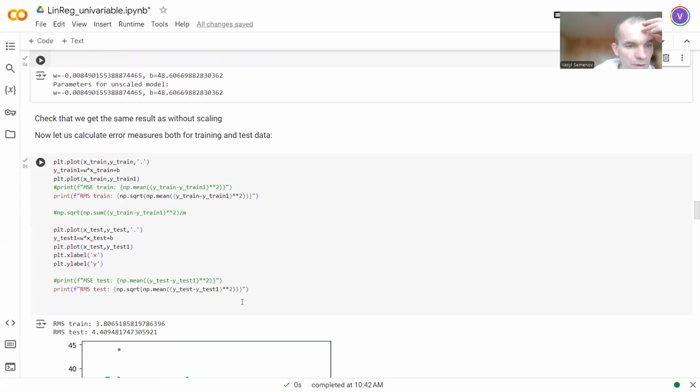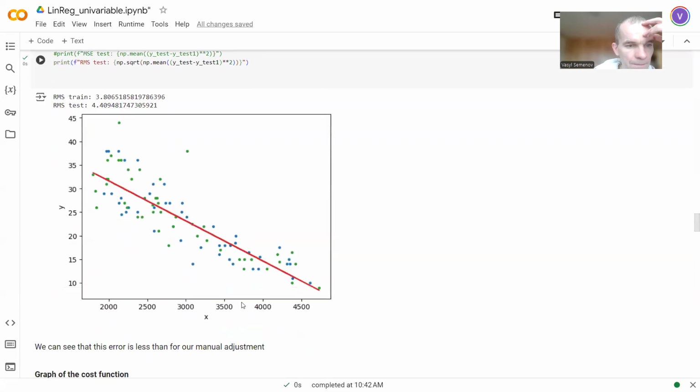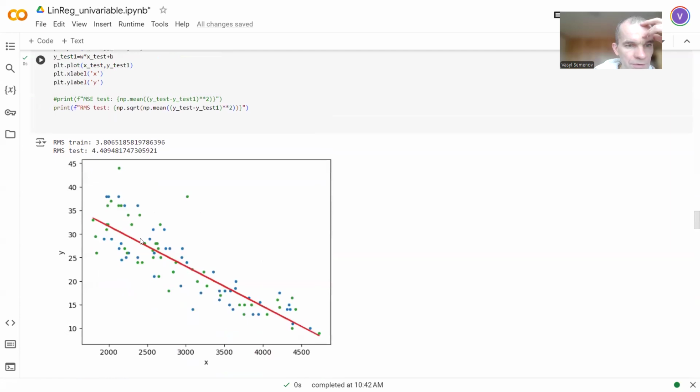By the way, here the linear approximation is shown. Here the data are shown separately for the training and test data sets. I believe the blue points are for train, and the green points are for the test data set.